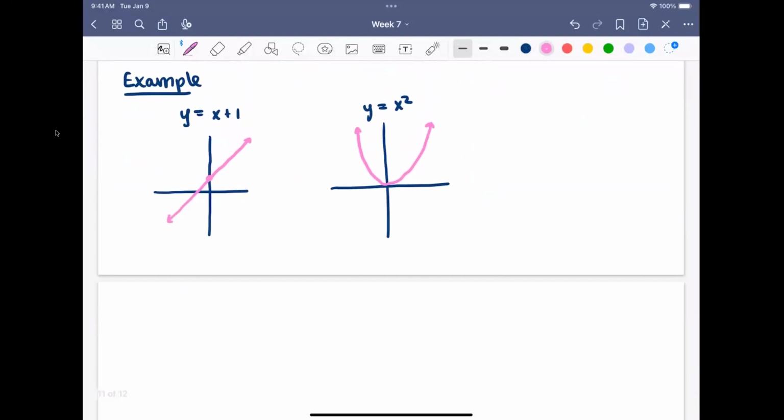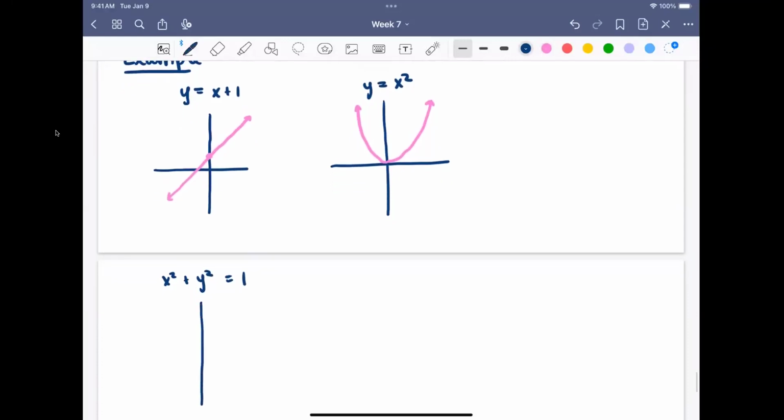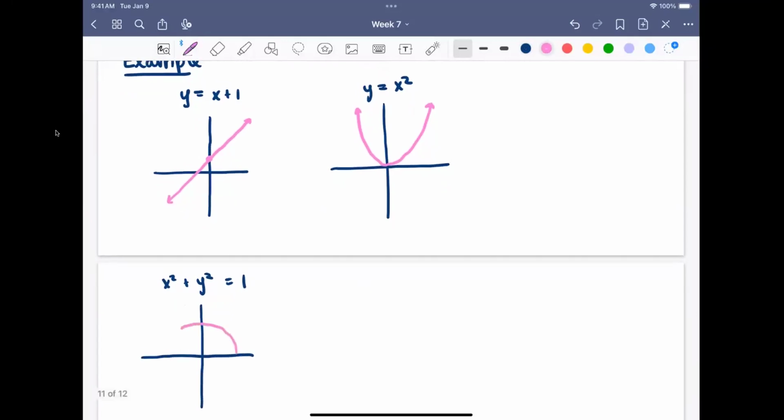Another familiar example is the unit circle. So if I take x squared plus y squared is equal to 1, we also know that this defines some kind of shape, and it's just a circle. And in this case, I can still solve the equation for y.